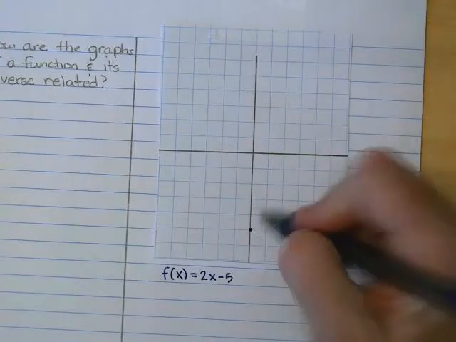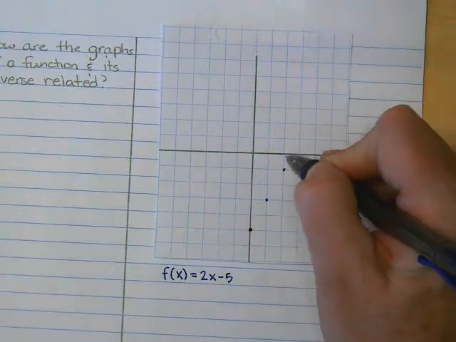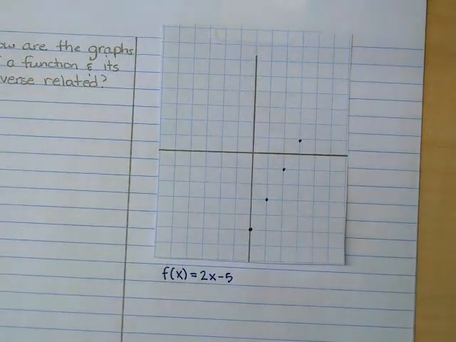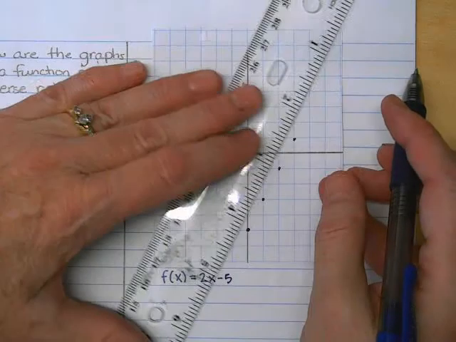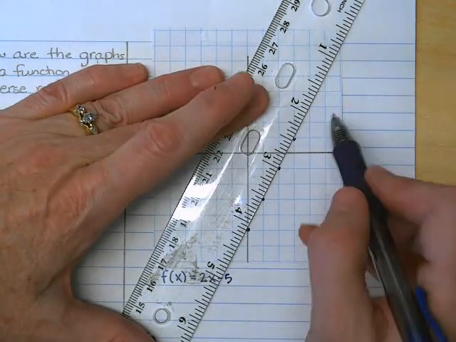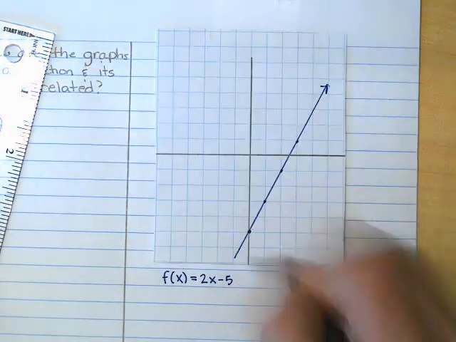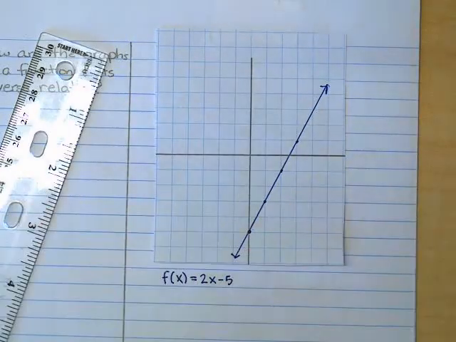My slope is 2, so I'm going to go up 2 over 1, up 2 over 1, up 2 over 1. I usually like to put several points as opposed to just using my ruler. I notice if I only use a couple that my ruler can be off quite a bit sometimes. Okay, so there's that function.